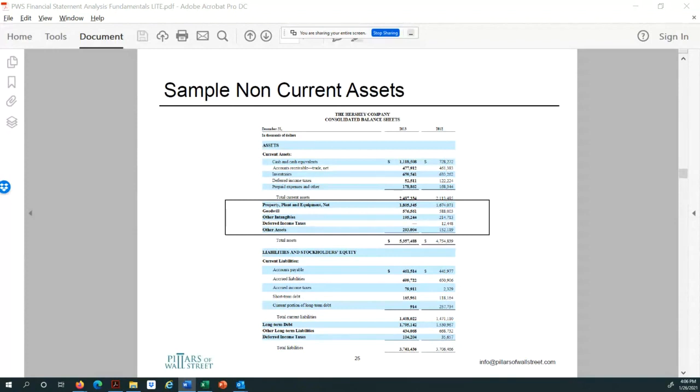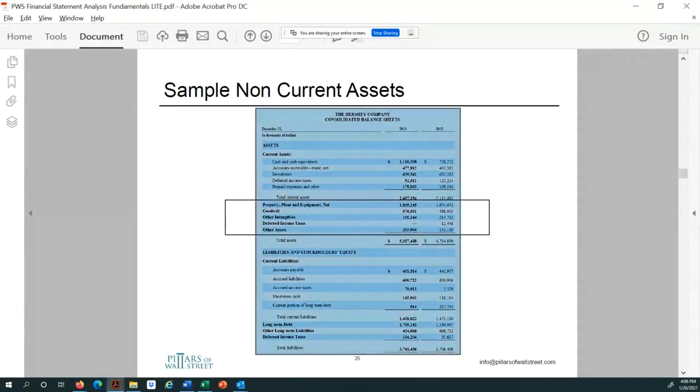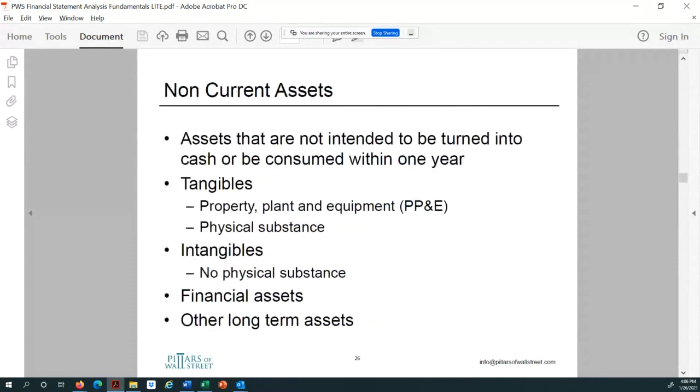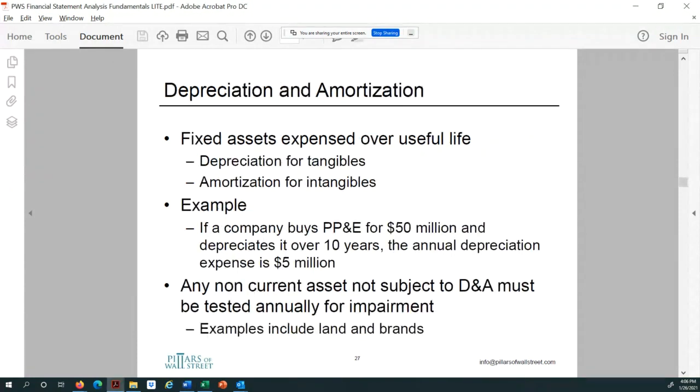Now, let's look at the next few slides here. We went through the key assets, intangibles versus tangibles, what the differences are. Okay, so D&A, depreciation, amortization, how does this all work? Well, let's look at an example of how depreciation works.